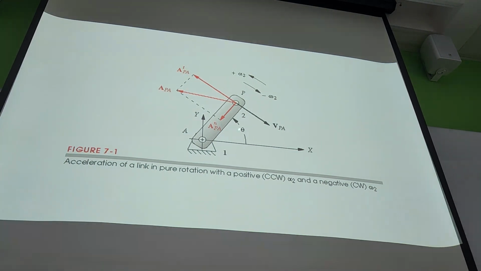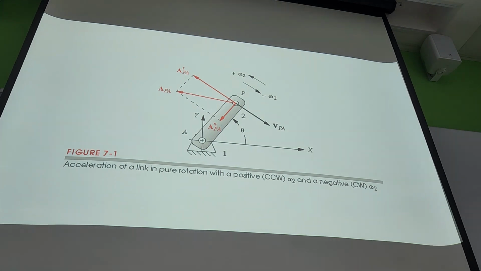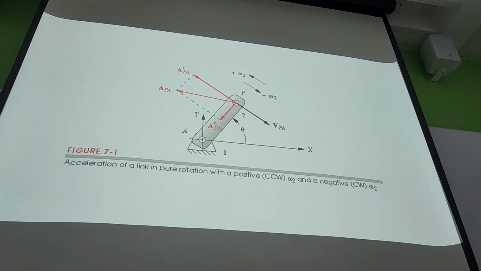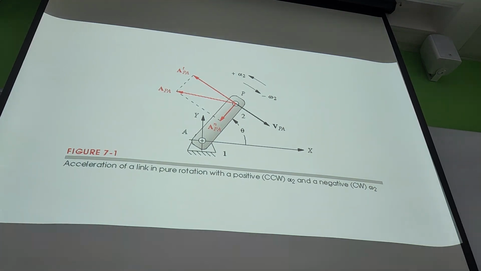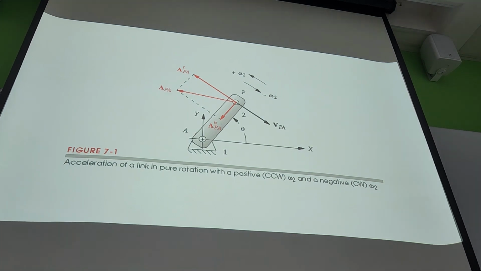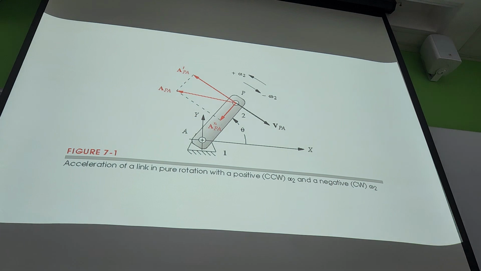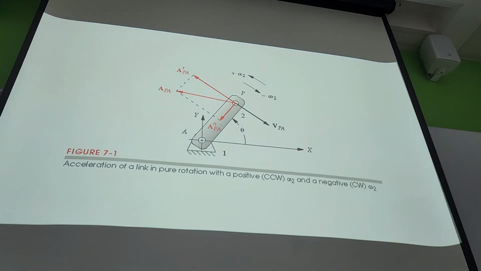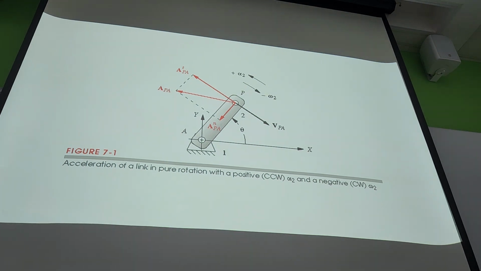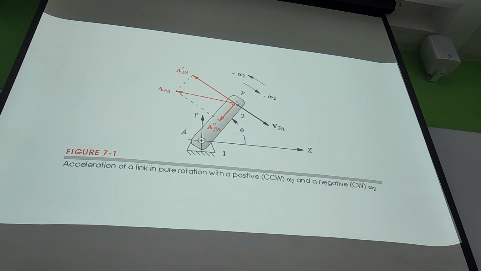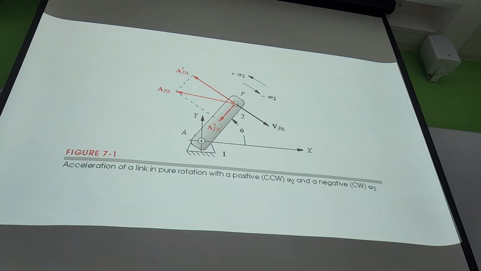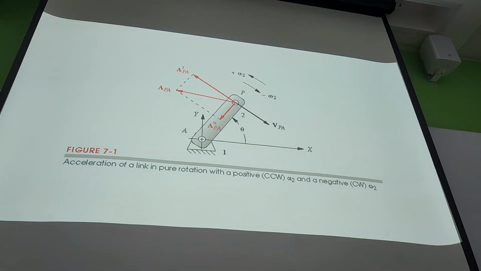So essentially, you can see from this slide that a simple link in rotation has acceleration which is divided into two components, a normal component and a tangential component. The direction of the tangential will be perpendicular to the link, whether alpha 2 is clockwise or counterclockwise. If it is counterclockwise, PA tangent is perpendicular upwards as shown here. If alpha 2 is the other side, then PA tangent will be like this. Then normal will always be in the direction of the link. So you know the normal direction and the PA tangential direction.